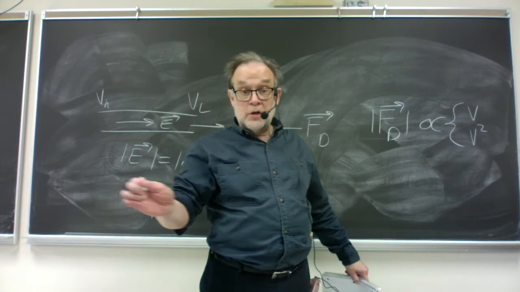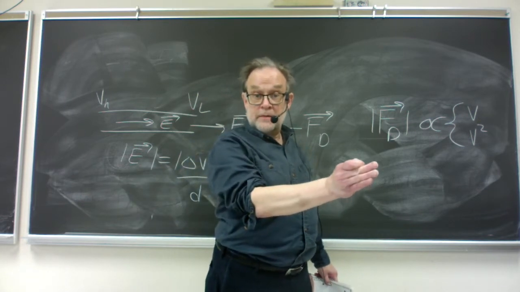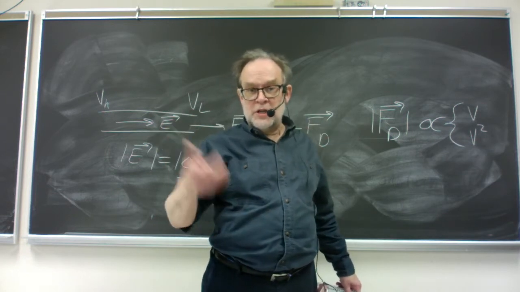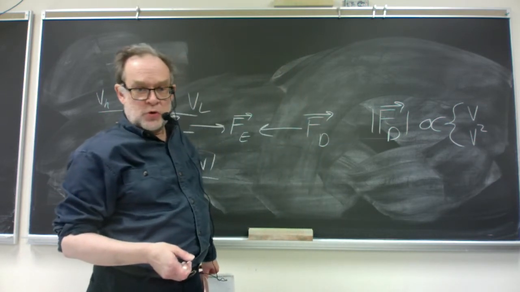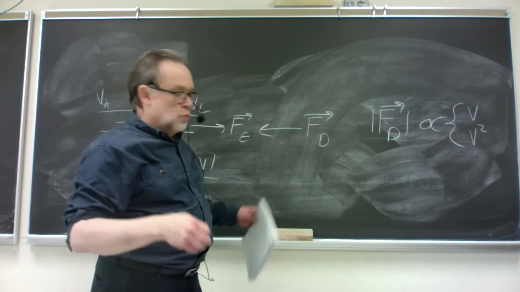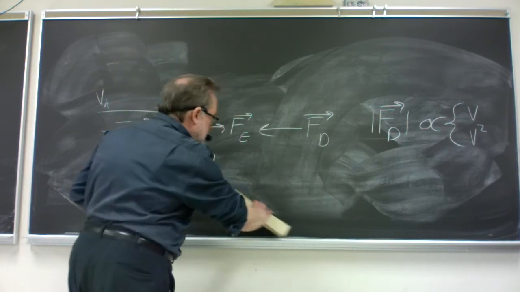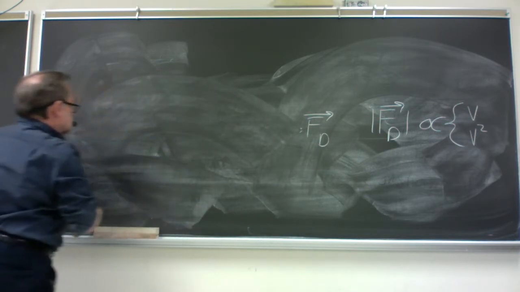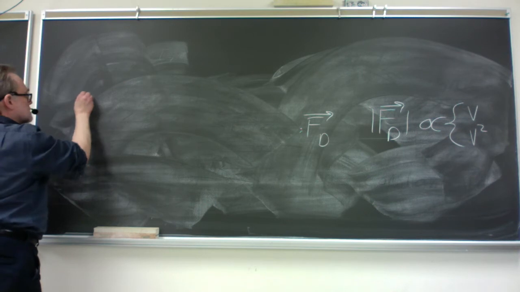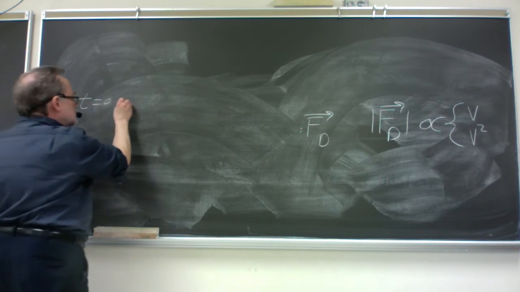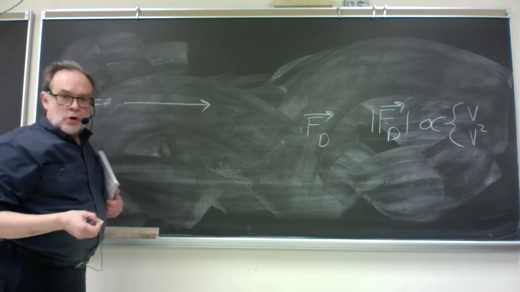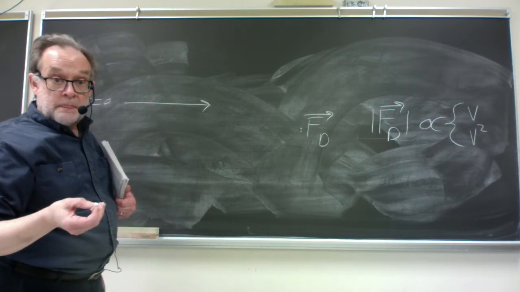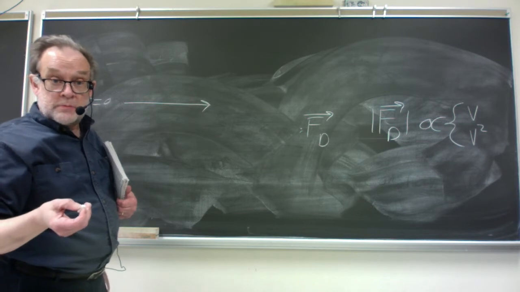In order to collide with all of the obstacles in their path, the charged particles have to be moving. Otherwise they don't collide, and then they don't feel a drag force. So right at the start, when you first turn on the electric field, all of those particles feel nothing but the forward pushing force that's caused by the electric field.